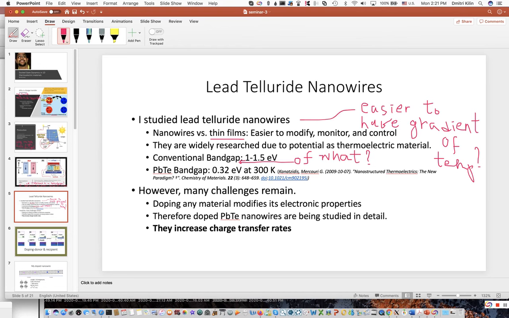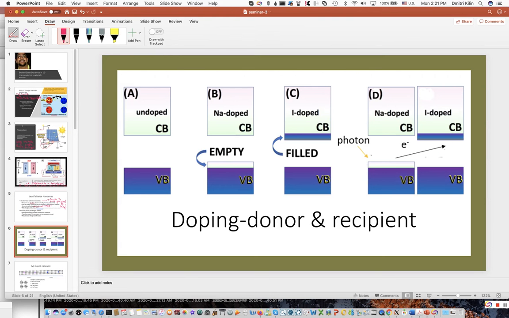Quick detour into the doping process. Panel A is your regular undoped material, so the valence band and conduction band remain unchanged. Sodium doped and iodine doped are panels B and C. For panel B, the valence band is empty, so an electron is taken out of the valence band.